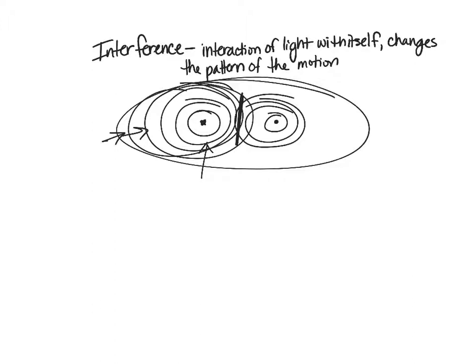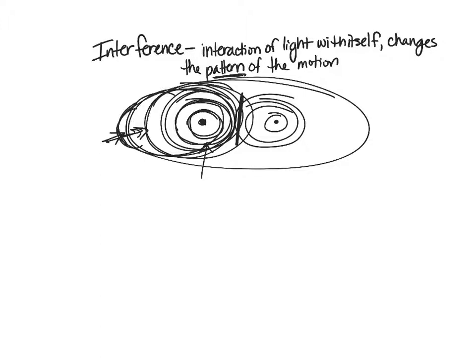So that's interference, when we have these light waves changing the pattern. Our initial stone being dropped makes this nice wave pattern moving out, but once it bounces into something else, like the edge of the pond, and starts to go back, we're not going to have these perfect circles of waves. Then we're going to have interference, and it's going to change the pattern of the motion.